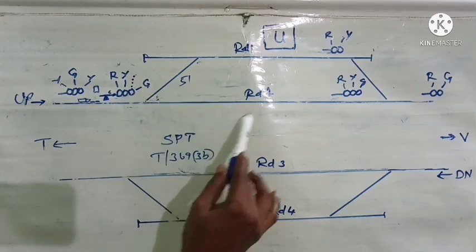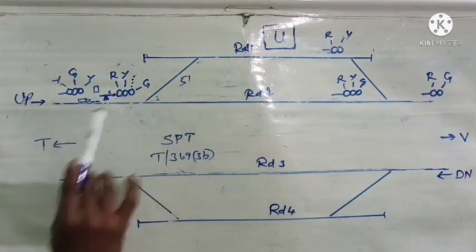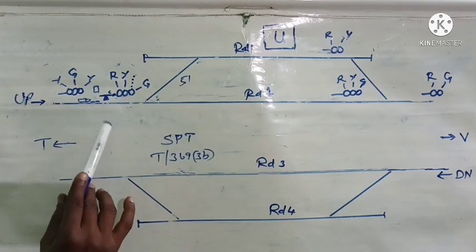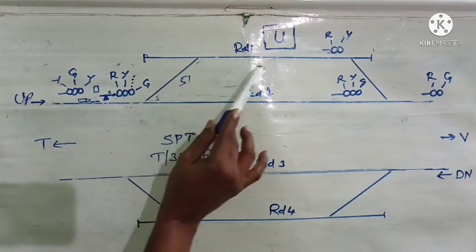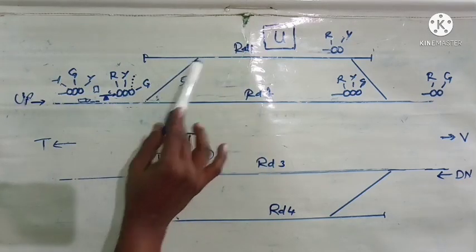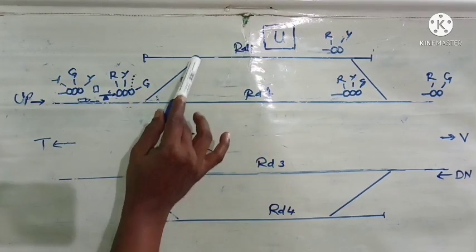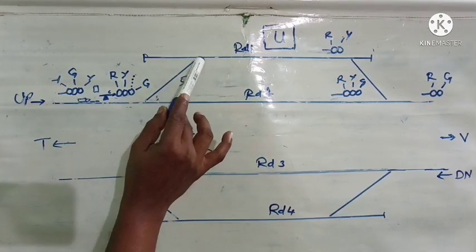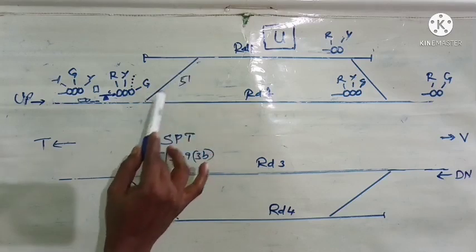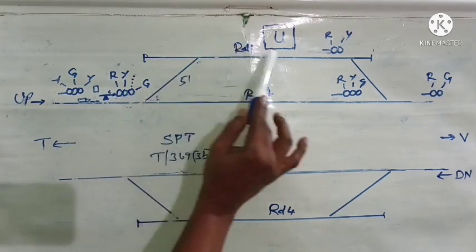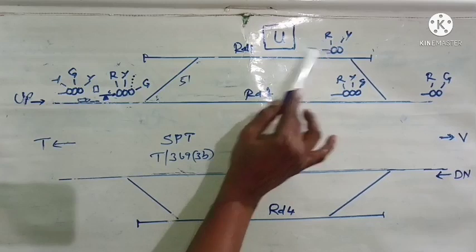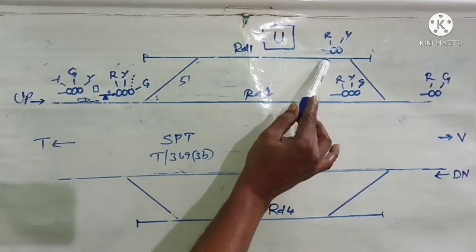That T bar 369 3B will be issued to the loco pilot, but before that the station master should ensure that, suppose the train is going to be received on road 1, then both these points should be set, clamped and padlocked in the reverse condition, and also he should ensure that the line of reception up to the starter is clear.